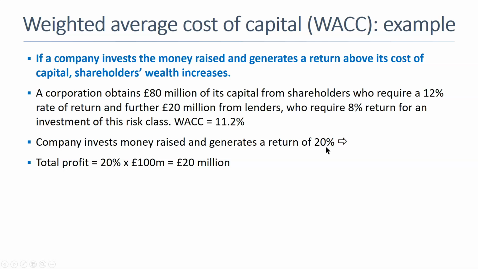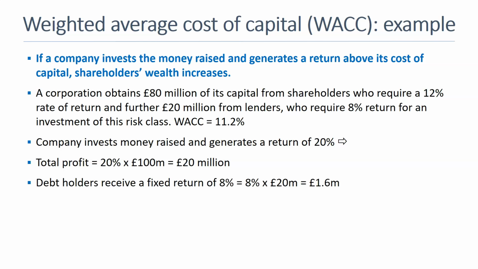What does it mean? It means that it managed to earn 20 million pounds of profit on 100 million invested. How will it distribute its profit? How will it share it between different investors? The debt holders, banks or bond holders or debenture holders, will receive their fixed return of 8%, which will represent 1.6 million on 20 million they've provided.